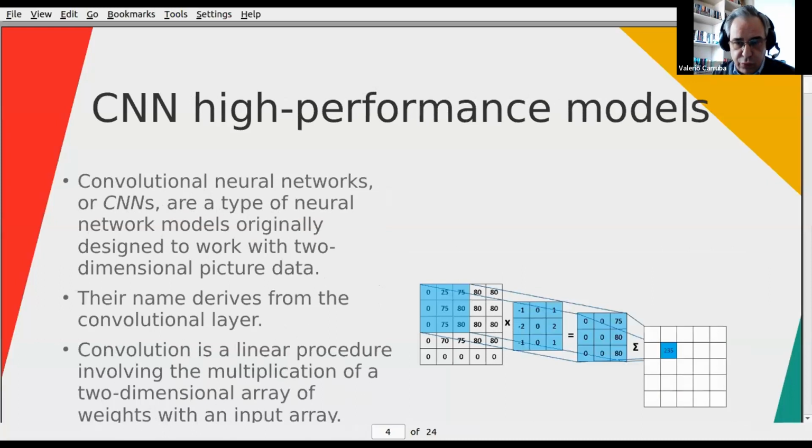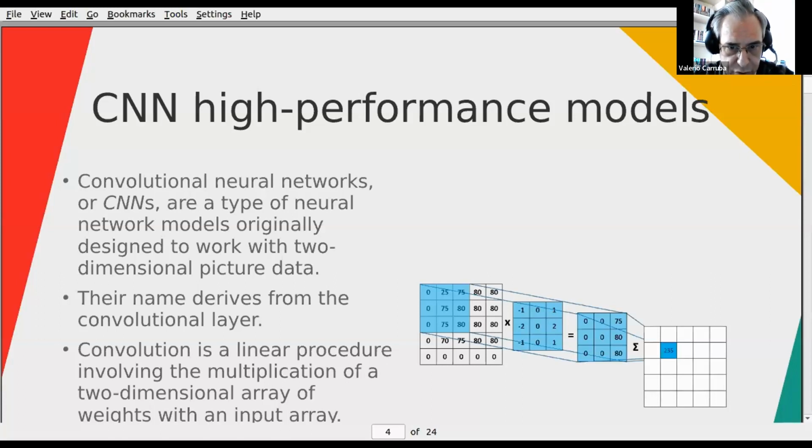So when you are dealing with problems of computer vision, one of the most commonly used tools is the convolutional neural network. This is a type of neural network model originally designed to work with two-dimensional picture data, and its name derives from the convolutional layer. Convolution is a linear procedure involving the multiplication of a two-dimensional array of weights with an input array.